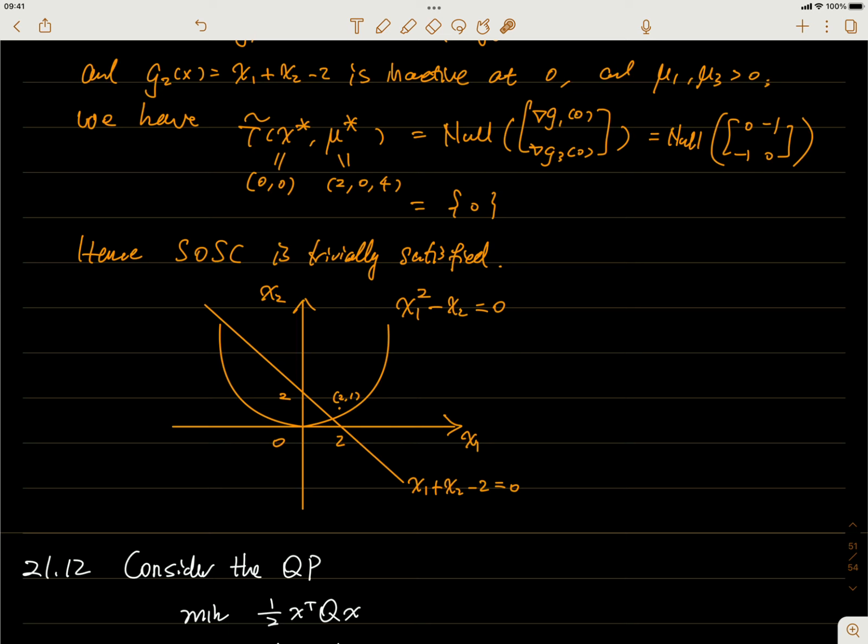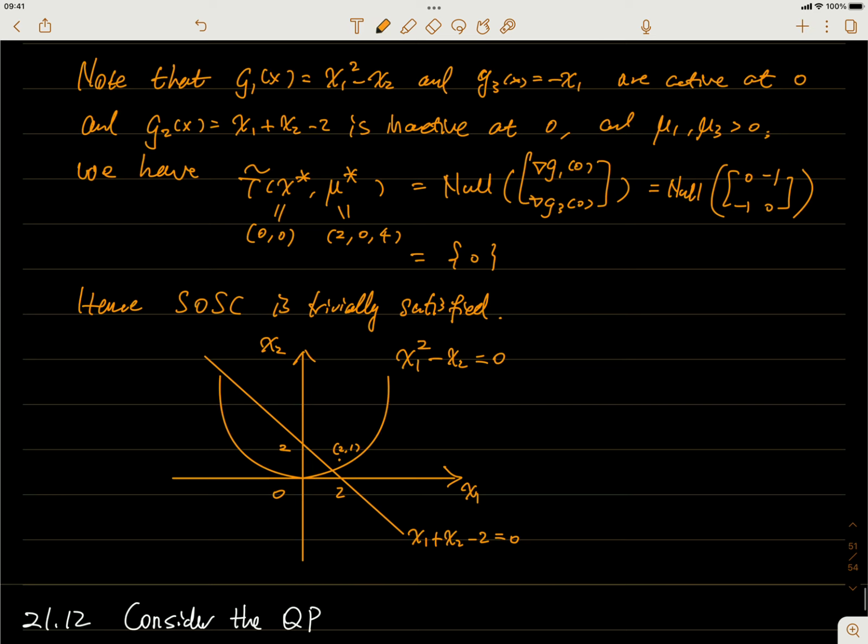But anyway, now look at the objective function. I write the objective function right here as (x1 minus 1) squared plus (x2 minus 2) squared. So we're trying to maximize it.